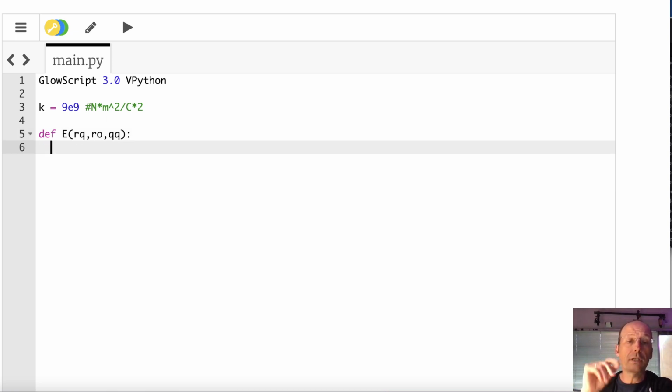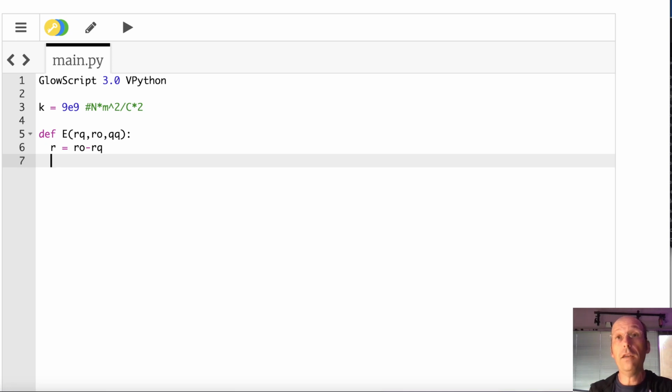So now I want to find the vector r from RQ to RO. I already said what that would be. It's r equals RO minus RQ. So that's my vector r. Now I can go ahead and find the electric field. I'm going to call it E temp. It's going to be K times QQ, the charge that I give it, times the unit vector r hat.